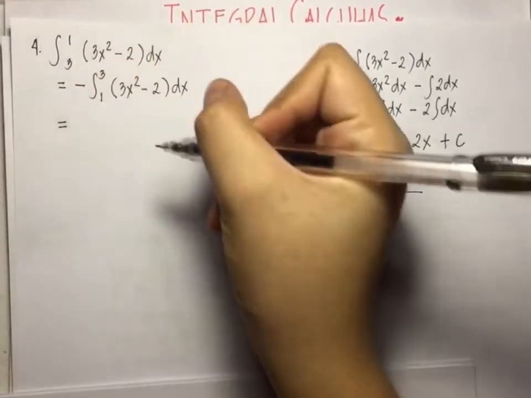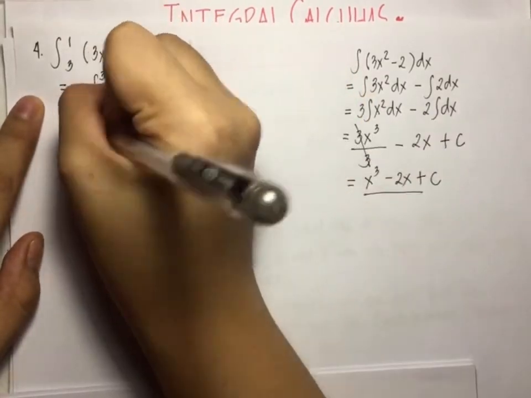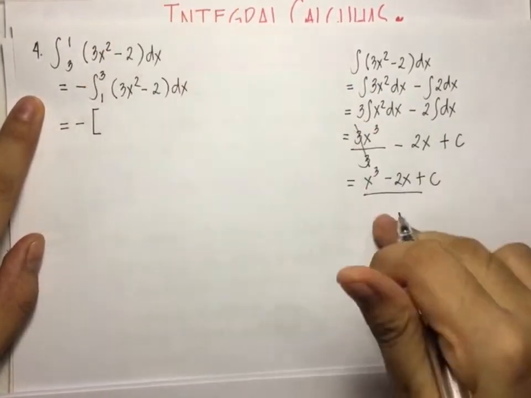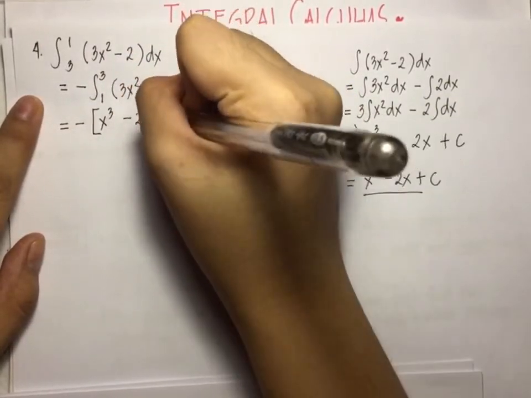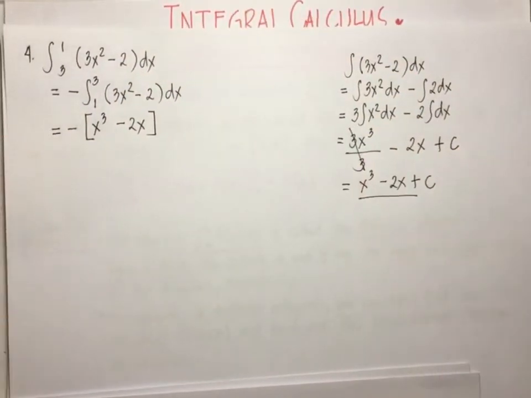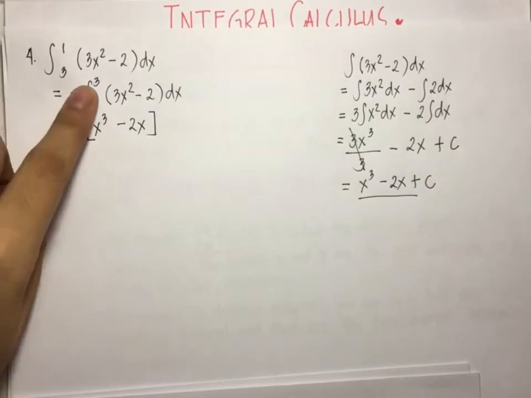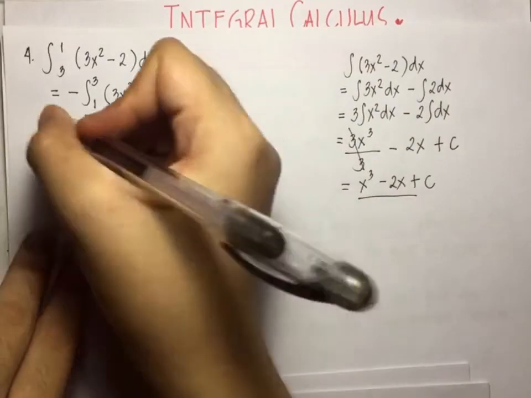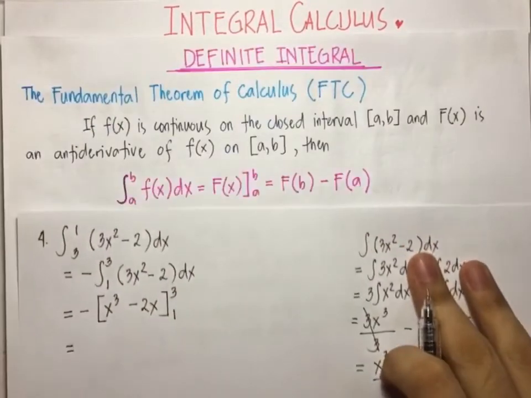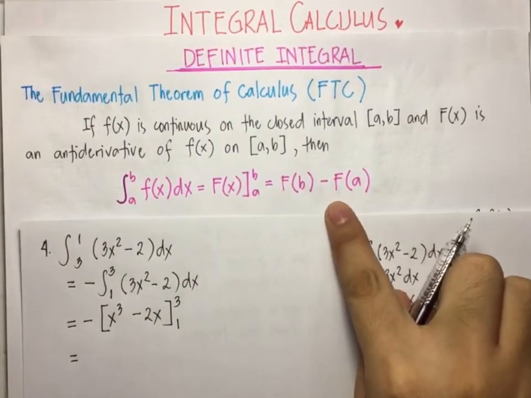And this is now equal to, do not forget the negative sign. We copy x cubed minus 2x, then apply the fundamental theorem of calculus. Our b is 3 and our a is 1. And this is equal to f of b minus f of a.